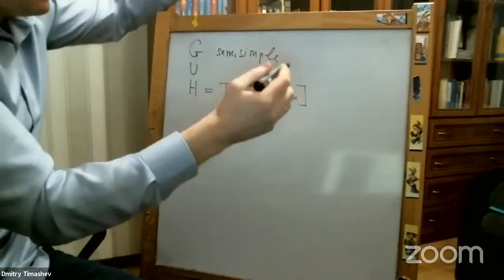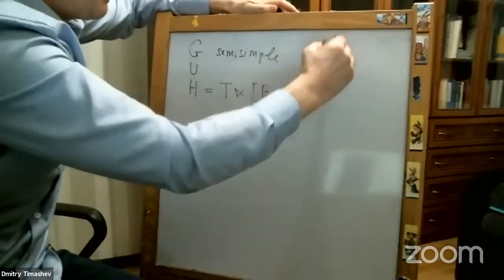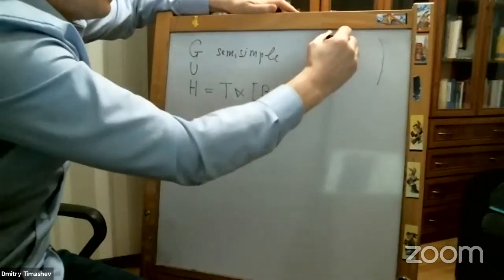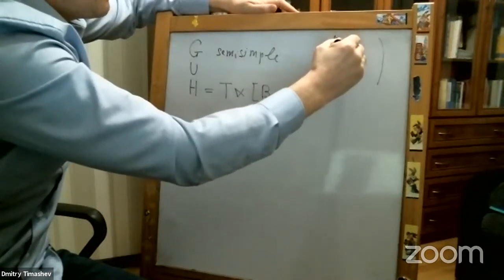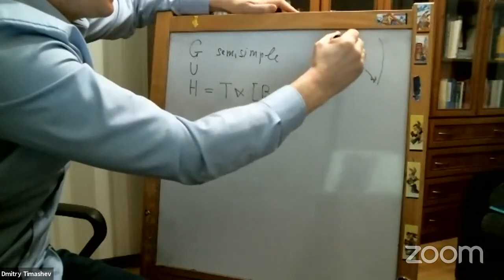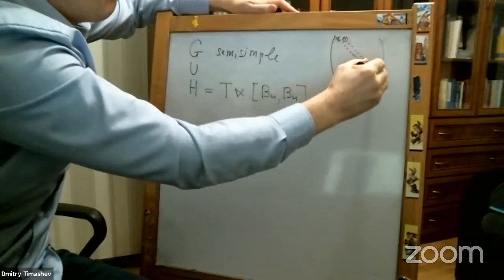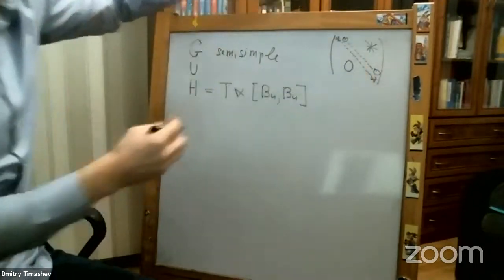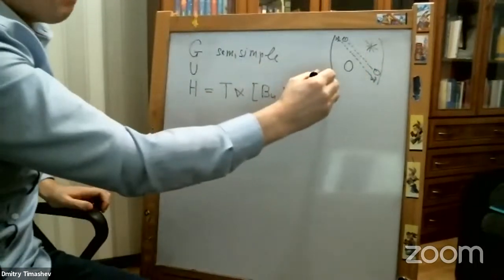For instance, in the SL_N case, you get something like this. So you have something on the diagonal, zeros right above, and again something above, and zeros below. This is H.